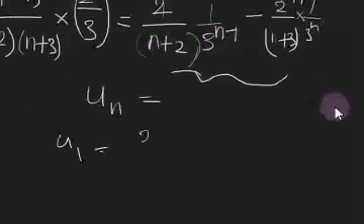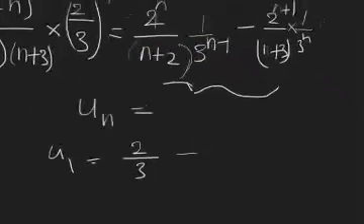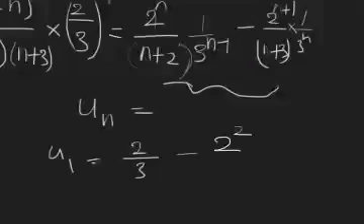So 2 over 3 minus 2 squared over 4 times 3 to the power 1, the first term.